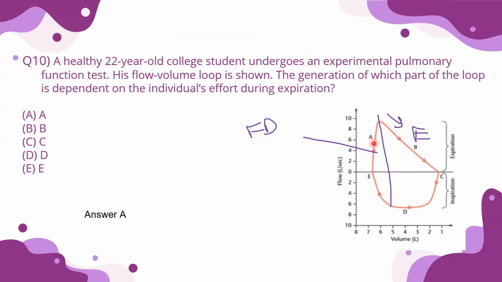So A basically is the region where you're putting in maximal amount of effort during your inhalation. They're asking you, where is this individual putting in the maximal effort during expiration? Do you guys understand why the answer is A?